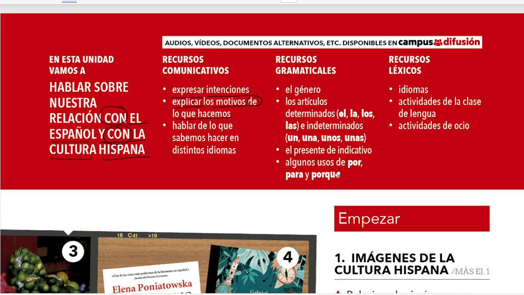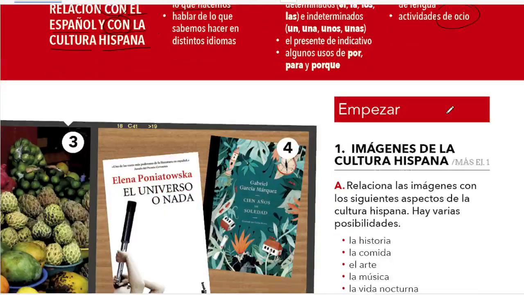In vocabulary, we will talk about idiomas, that is languages, actividades de la clase de lengua, the activities in the class, actividades de ocio, that is leisure time. Ocio. We will go step by step. Care to follow the sequence which I am sharing.